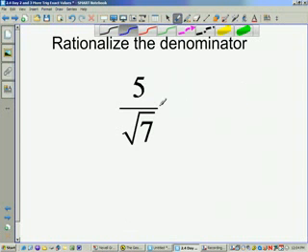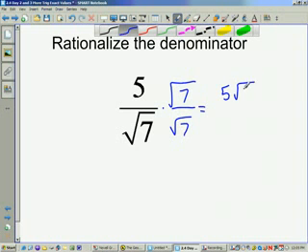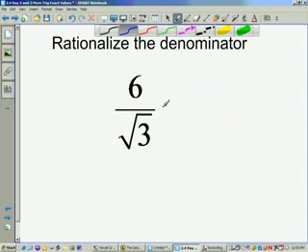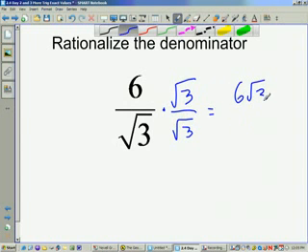To rationalize the denominator, we don't want a square root in the denominator, so we multiply the numerator and the denominator by root 7. So this would be 5 root 7 over 7. Well, this would be root 49, and the square root of 49 is 7. Same thing here. This would be root 3 over root 3. So this would be 6 root 3 over 3.